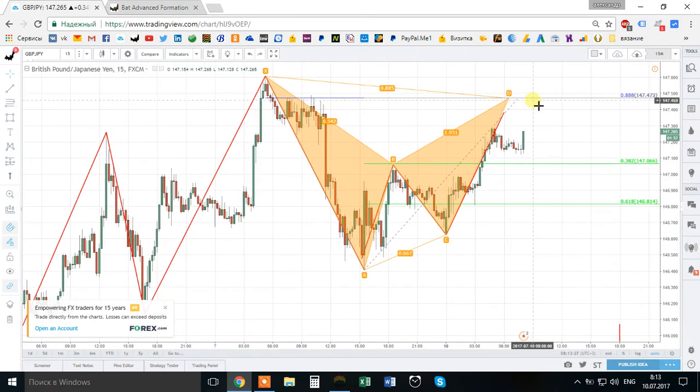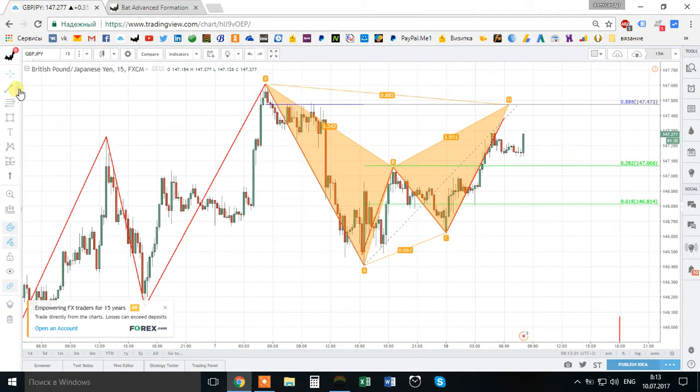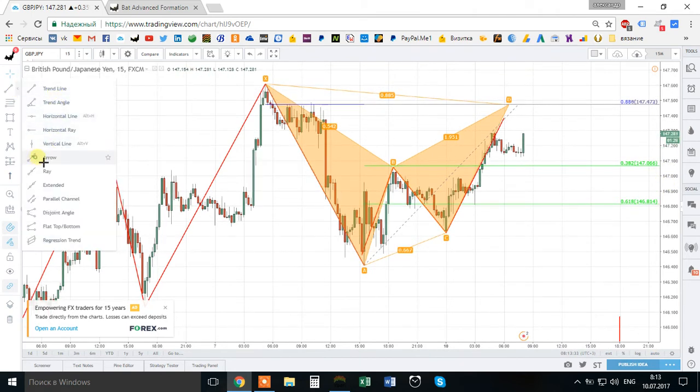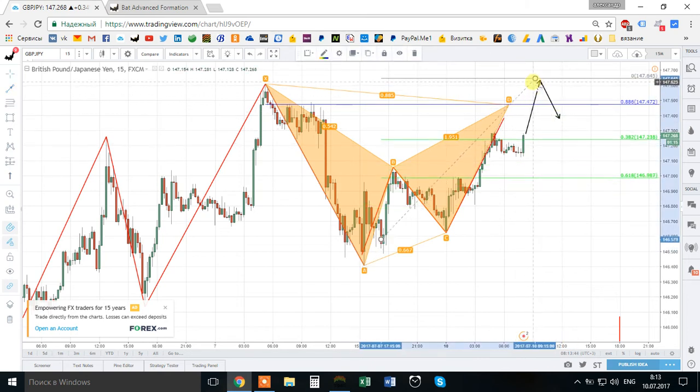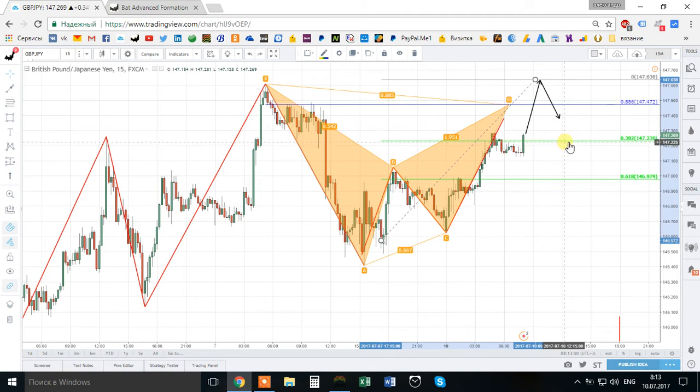Sometimes price doesn't reverse exactly at 886, but it goes a bit higher, exceeding the calculated D point. It goes a bit higher, and only then does it reverse. So you need to restretch your Fibonacci this way. This way your targets move a bit higher.